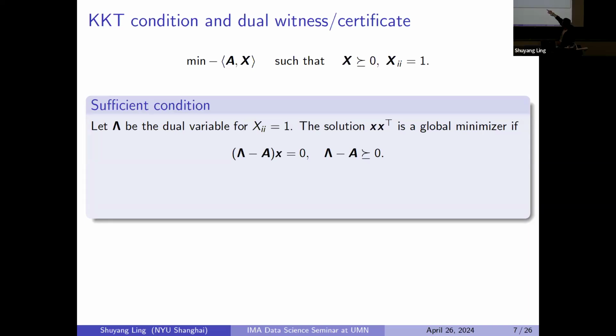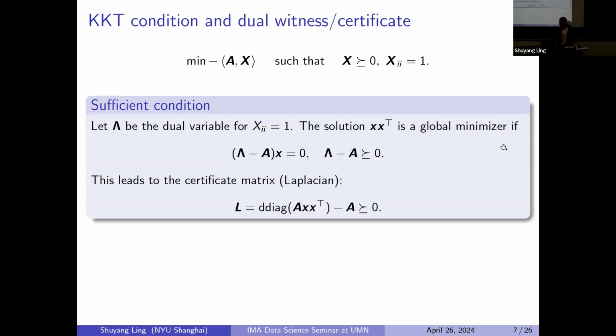In fact, because lambda is a diagonal matrix, as it corresponds to the n equality constraints, I can solve for lambda exactly. Essentially lambda is A times x x transpose, then taking the diagonal entries.